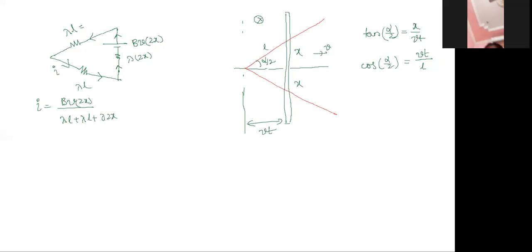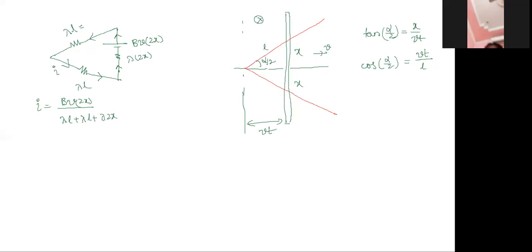First of all, what is the EMF induced? BVL, we can write V cross B. There is some resistance here. The rod does not have any resistance, only the conductor.